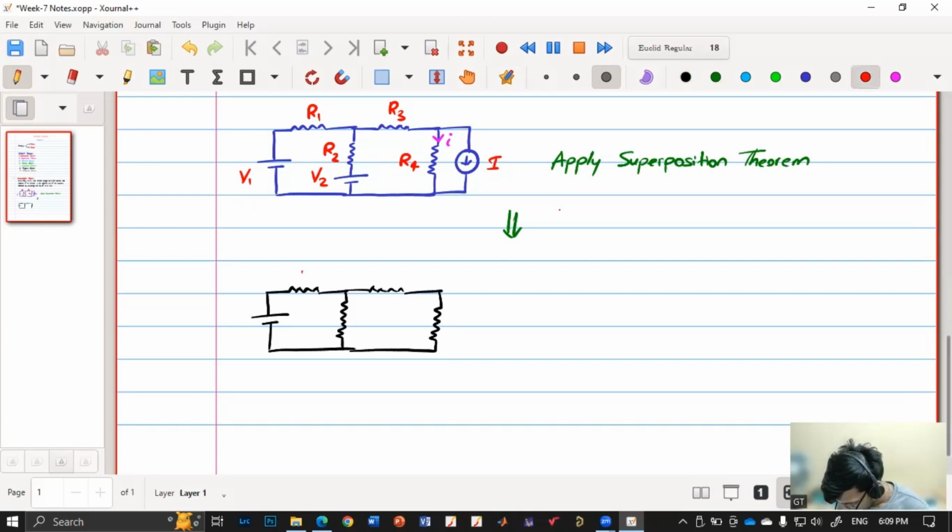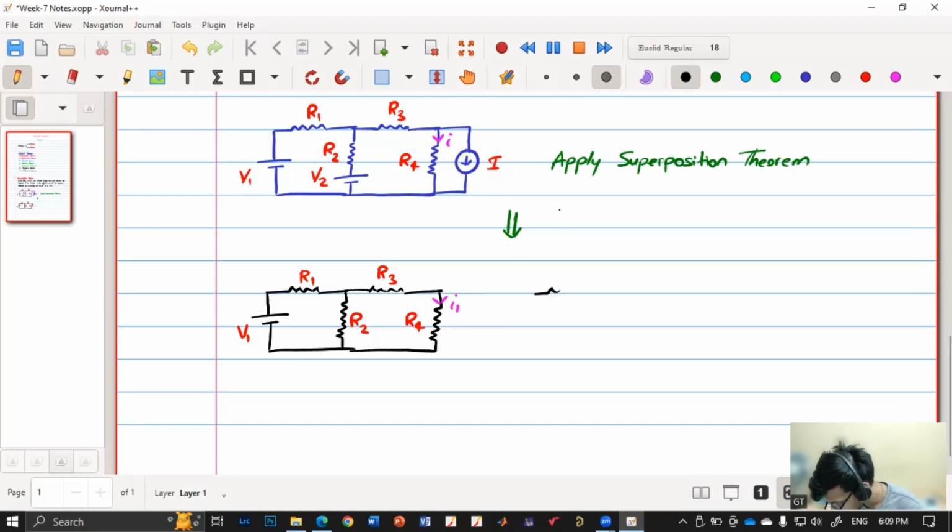So this is still R1, this is R3, R2, R4, V1. So the current because of V1, I'm considering I1. So this is one source. Now I'll have to consider another source.